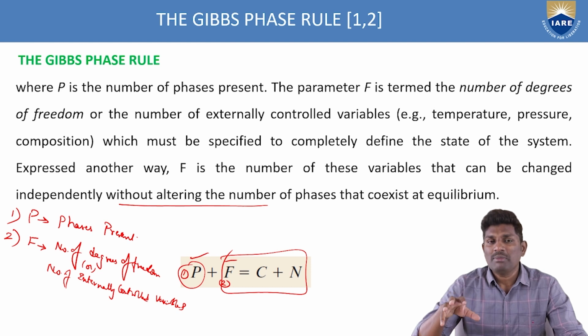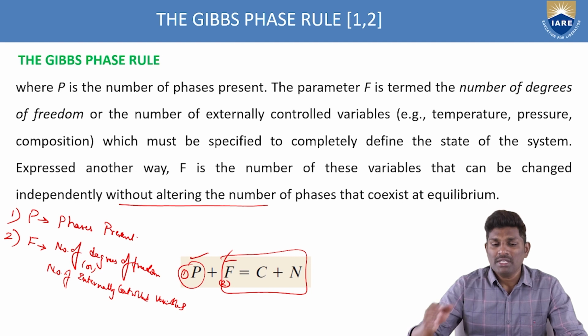So what are the three variables we are taking into consideration? These three variables are externally controlled, but they can be changed independently without altering the phases existing in the system, and this should be at equilibrium. That is a condition we need to take into consideration while changing these externally controlled variables like pressure, temperature, as well as the composition.